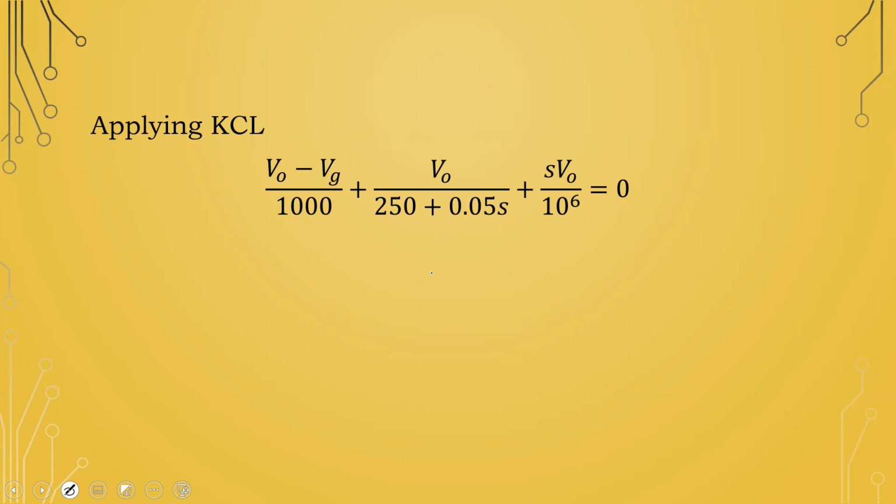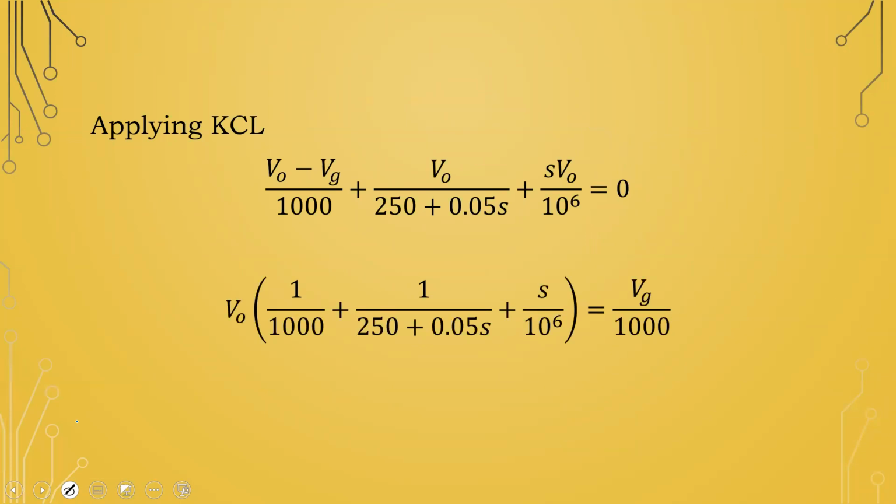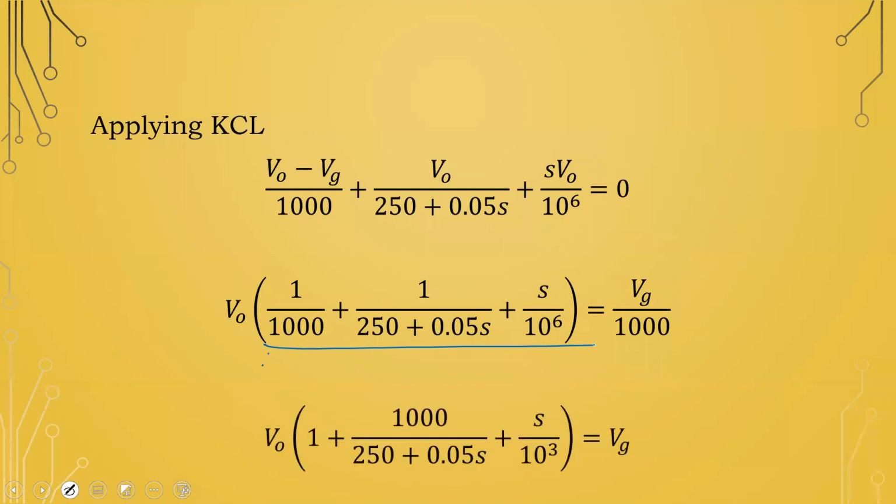And what we are interested in, students, is V0 over VG. So we want V0, we simply need to factorize it from that. So we are going to move VG to the right, and then factorize. We want V0 over VG, so it's all of this to the minus 1.